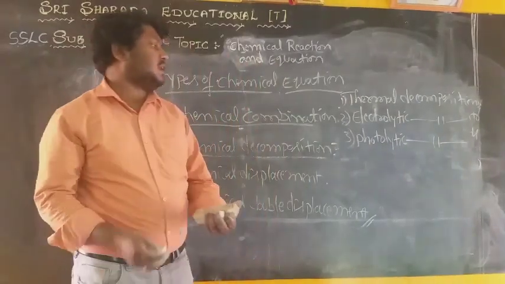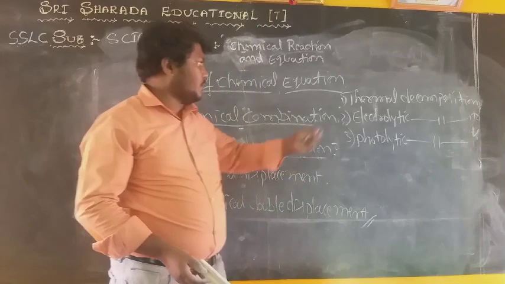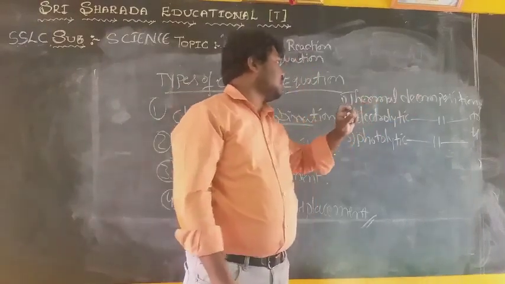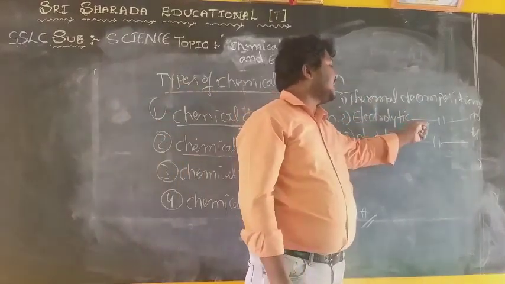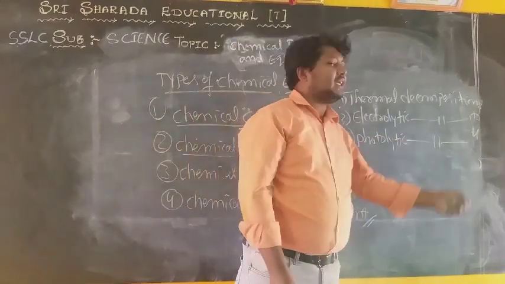So these are mainly the three types of decomposition. One is thermal decomposition. Second one is electrolytic decomposition, and third one is photolytic decomposition.